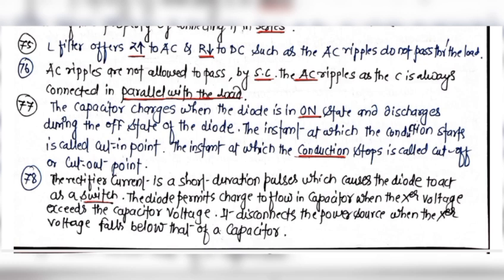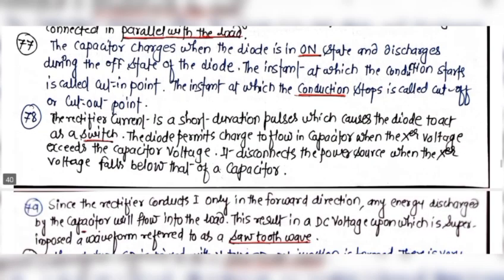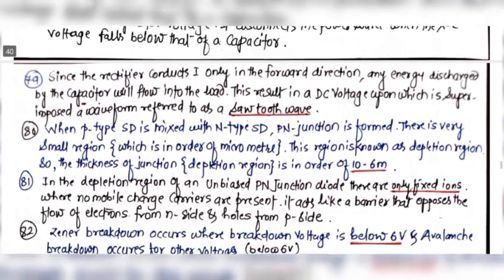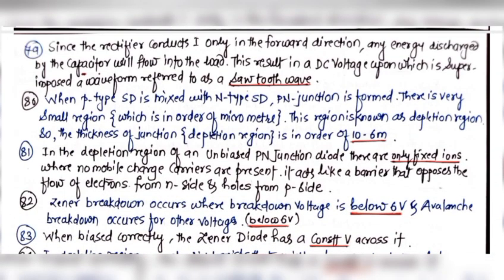The rectifier current is a short duration pulse, which causes the diode to act as a switch. The diode permits charge to flow into the capacitor when the transformer voltage exceeds the capacitor voltage. It disconnects the power source when the transformer voltage falls below that of the capacitor.